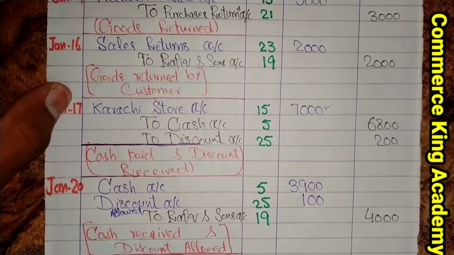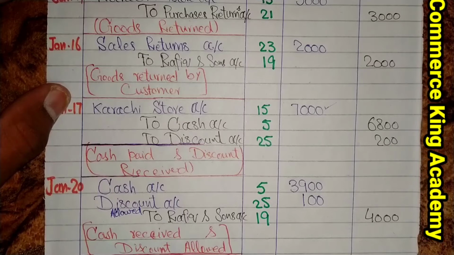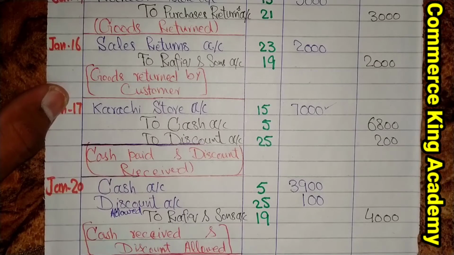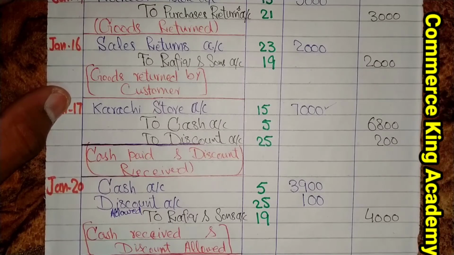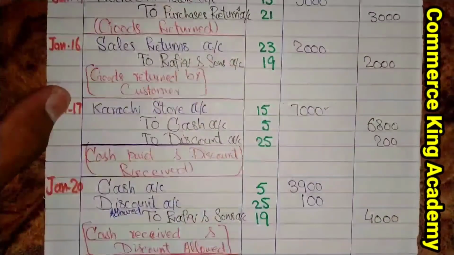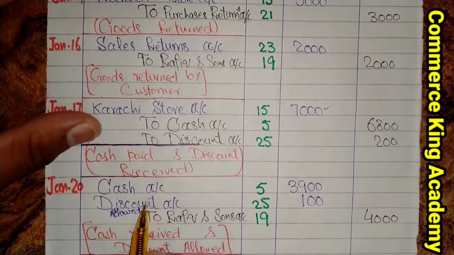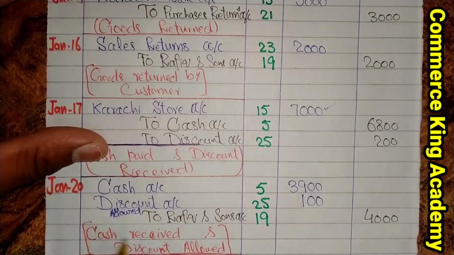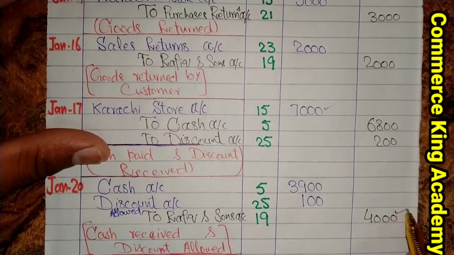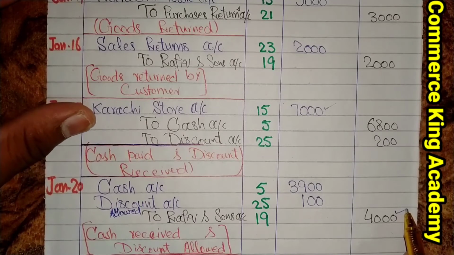On the 16th of Jan, we had sales returned by Rafiq and Sons amounting to 2,000 rupees, okay. So the remaining balance is 4,000 rupees, okay. So the closing of Rafiq and Sons account here, the total was 4,000 rupees toward Rafiq and Sons. This is the total balance, okay.